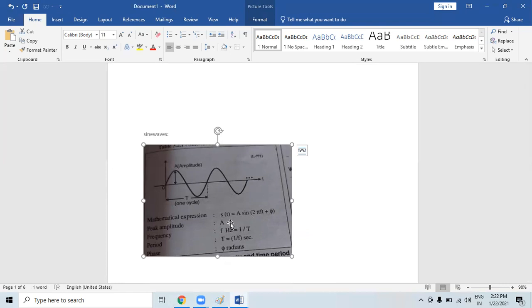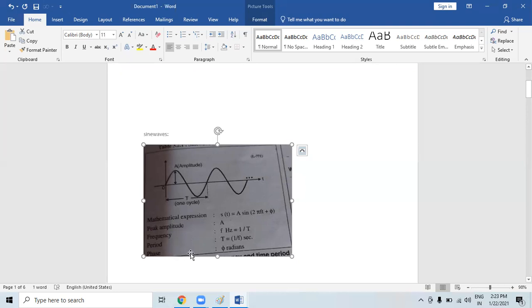This is an example of a simple analog signal. Here you can see this graph represents an analog signal. The mathematical expression is S of t equal to A sine(2 pi f t plus theta).